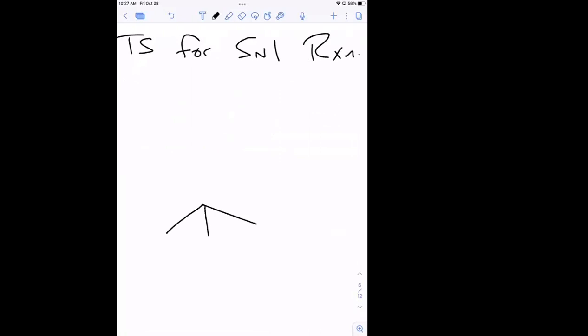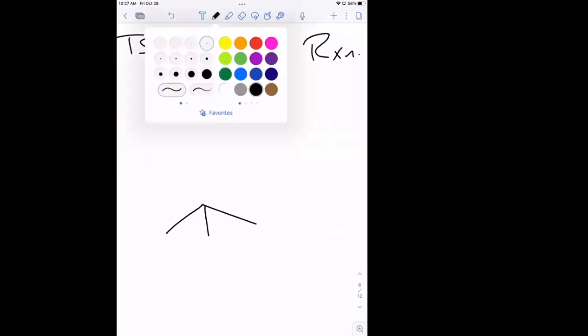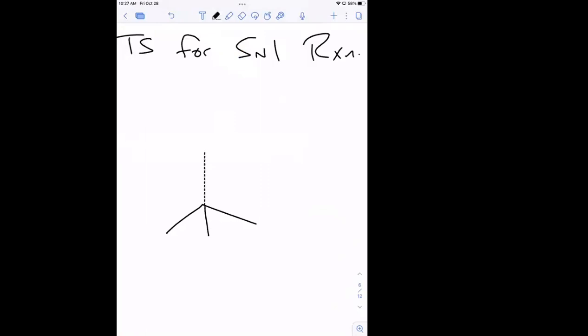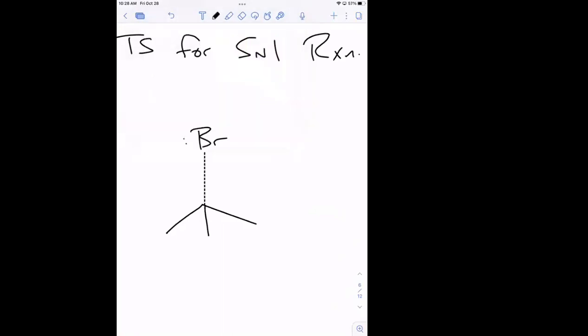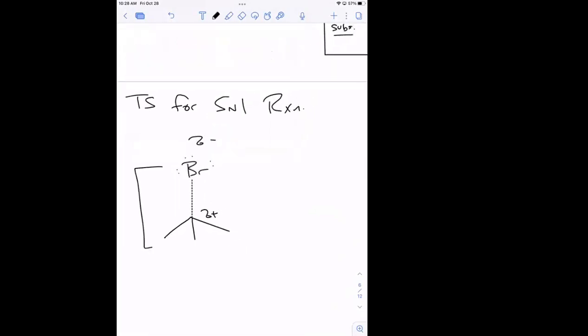What bond am I breaking? The bond to the leaving group. So the transition state is just going to have, in this case, a partially broken bond between the leaving group and the carbon it's attached to. That's the transition state for that rate determining step.